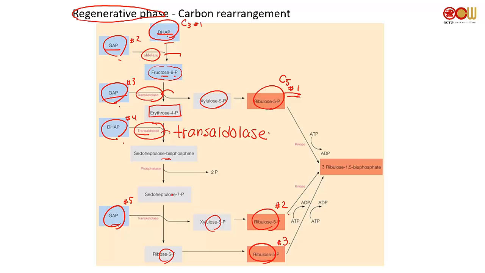You saw the same thing in PPP. Transketolase and transaldolase. And then when you get down to here, phosphatases, same thing here. You also have a phosphatase, and then you have another transketolase. So all of these enzymes you should be familiar with. So transaldolase, transketolase, those are the 2 enzymes really used in this process, okay?